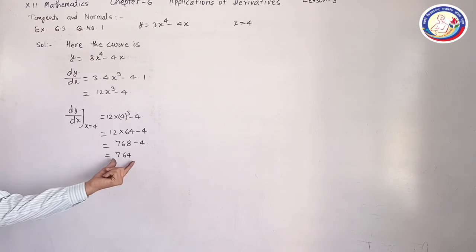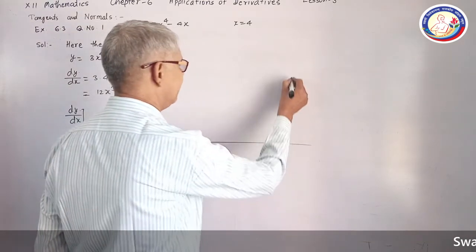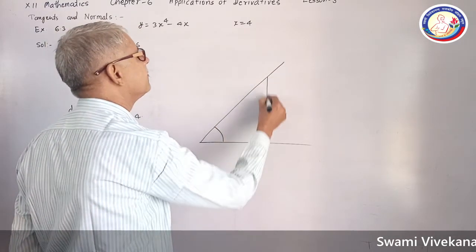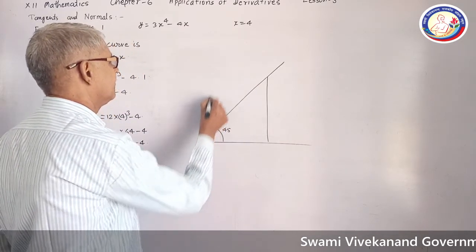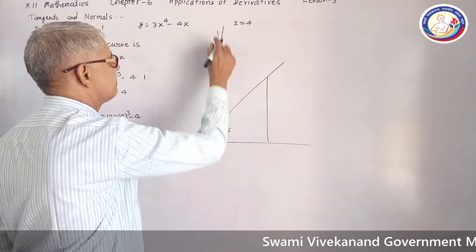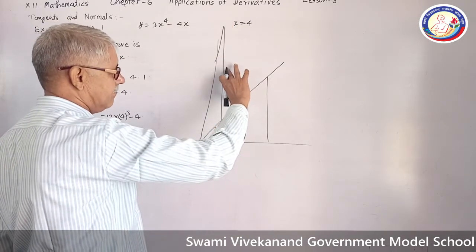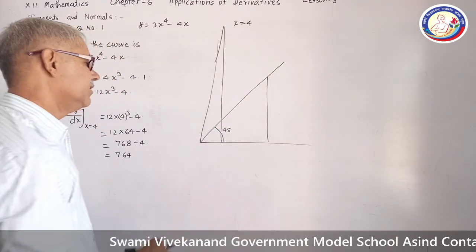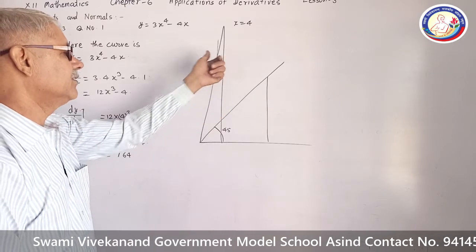It means the slope is very high, because if the angle is 45 degree, this will be the condition. If the slope is greater, the perpendicular will be longer and longer as the angle increases, and the slope will be on the higher side.